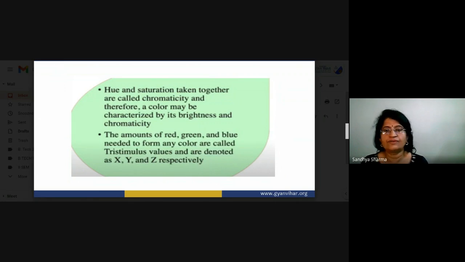The amounts of red, green, and blue needed to form any color are the tri-stimulus values and are denoted by X, Y, Z respectively.